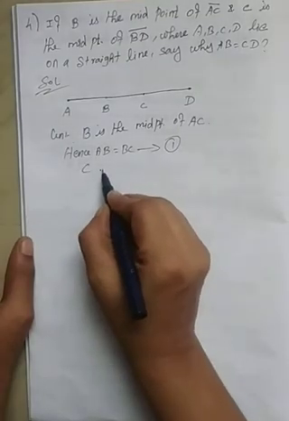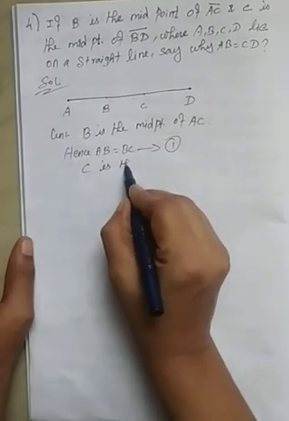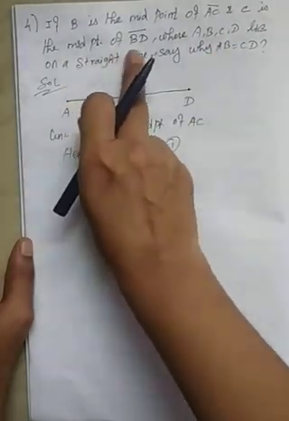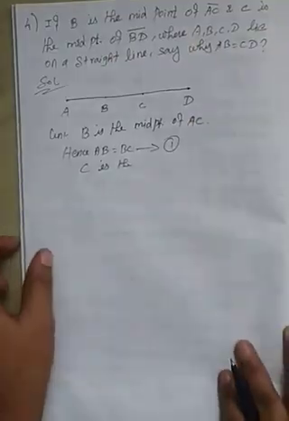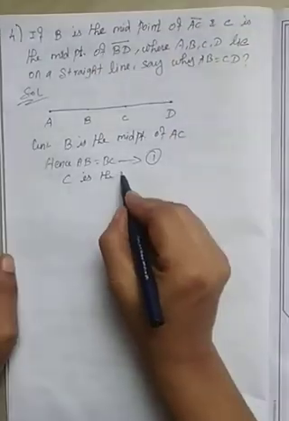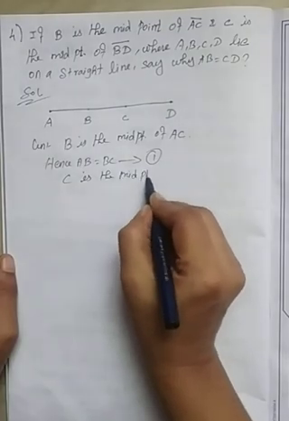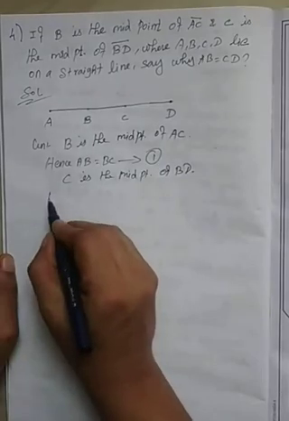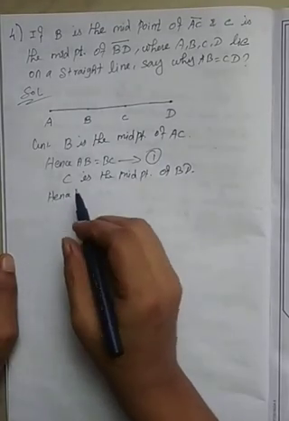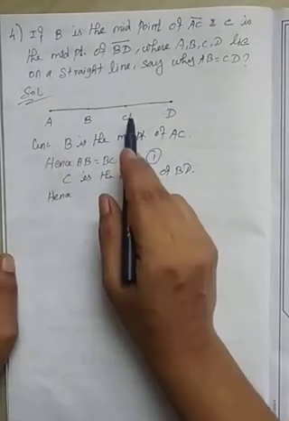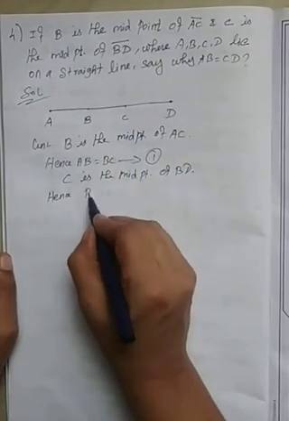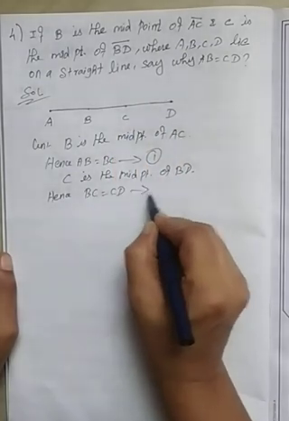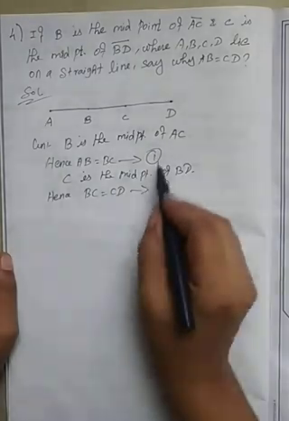Now, another given condition is C is the midpoint of BD. So, hence, we know that BC equal to CD. This is equation number 2.